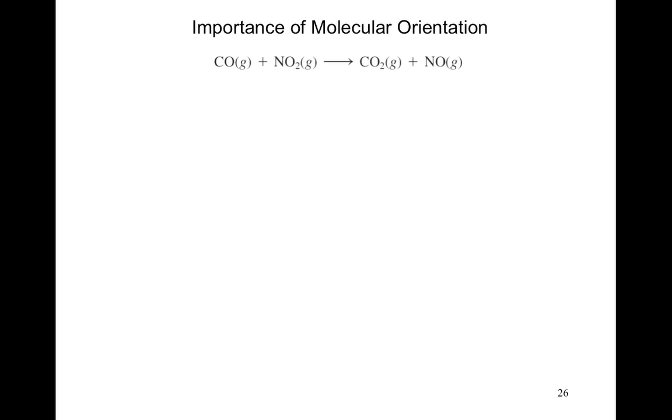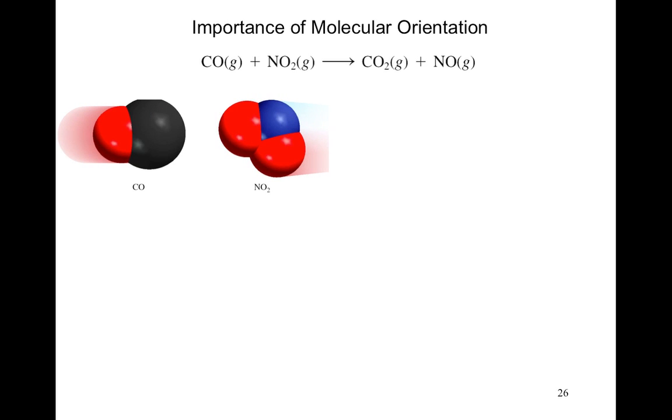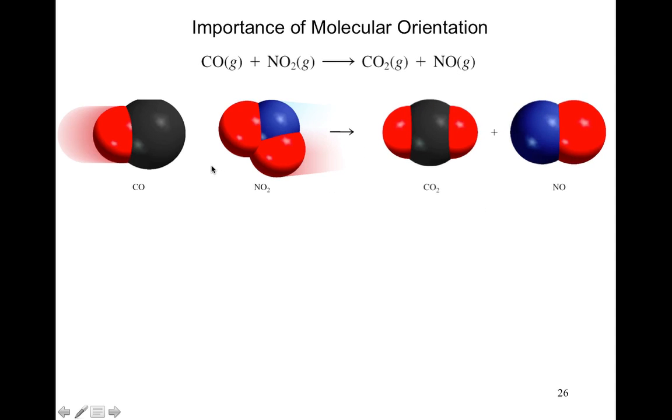So it's very important for molecules to be oriented in the right direction for a reaction to occur. Here we have carbon monoxide gas and nitrogen dioxide gas trying to form carbon dioxide and nitrogen monoxide. Here we want the carbon monoxide oriented so that the other oxygen is pointing towards the free end of that carbon.